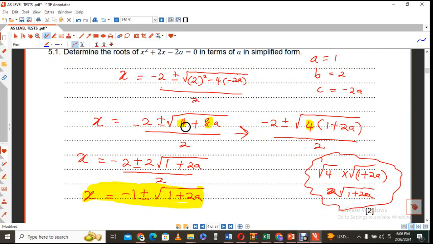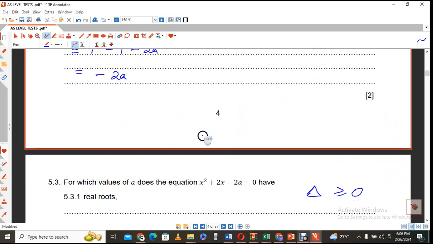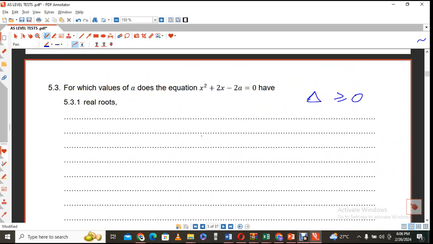But can you see here the 4 plus 8a? That is the discriminant of this equation here, x squared plus 2x minus 2a equals 0. Of course, if you don't know, then you can just go ahead and do the same. So you can say b squared, which is 2 squared, minus 4 times 1 times negative 2a.